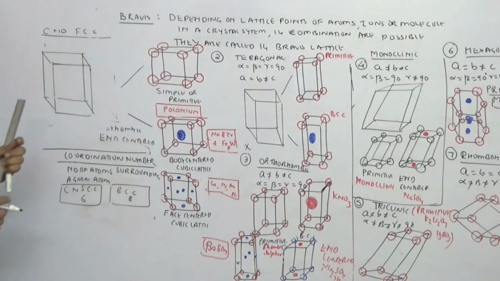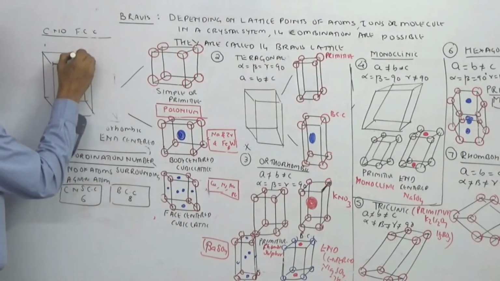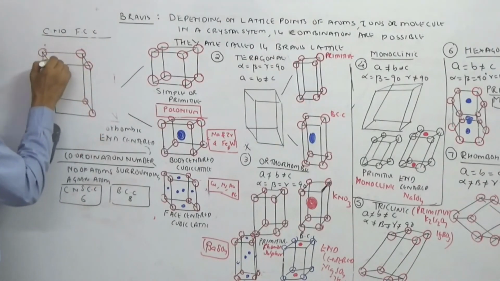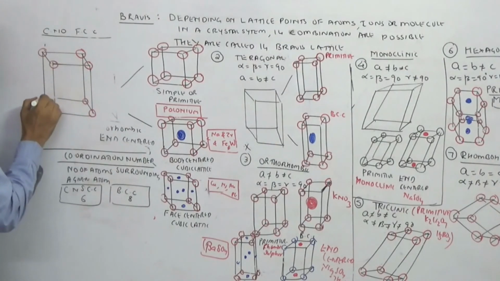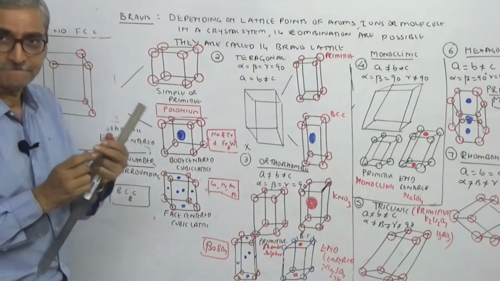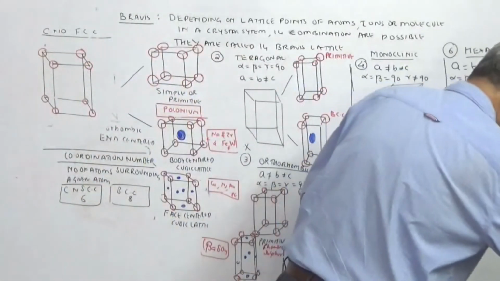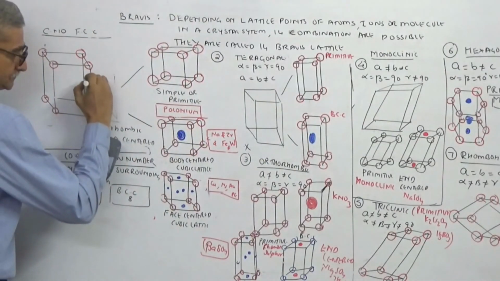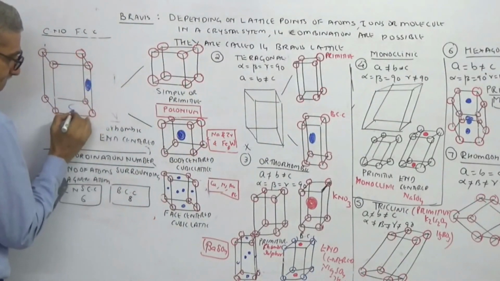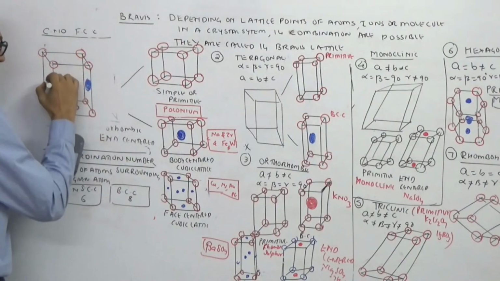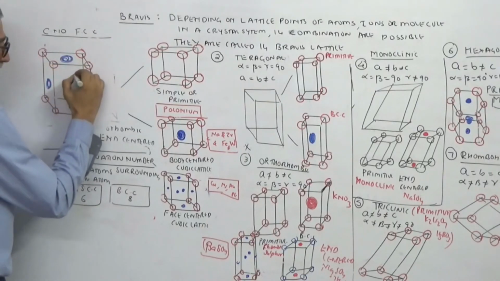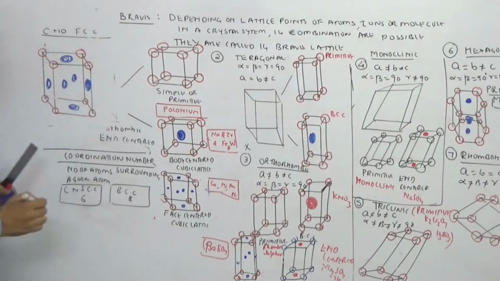Okay, so this is a cube. When I say face centered cubic lattice, where are the atoms present? 1 2 3 4 5 6 7 8. 8 in the corner, and then there are how many? 6 faces. 1 2 3 4, आगे का 5 और पीछे का 6. ओके.